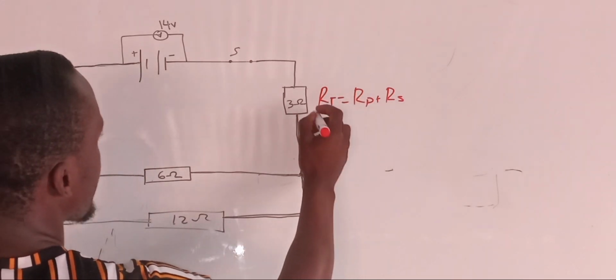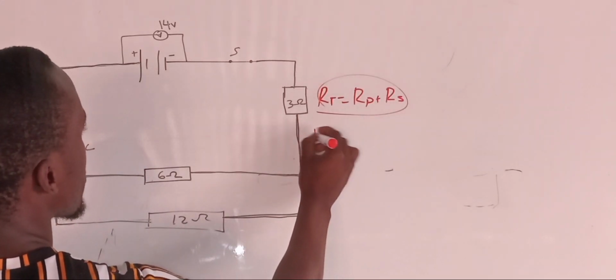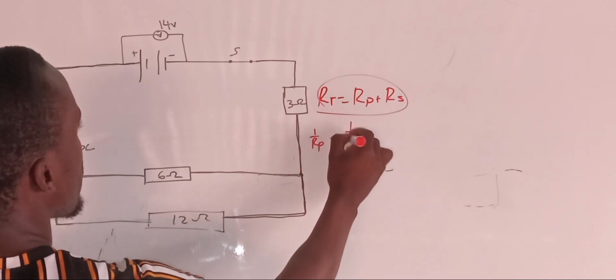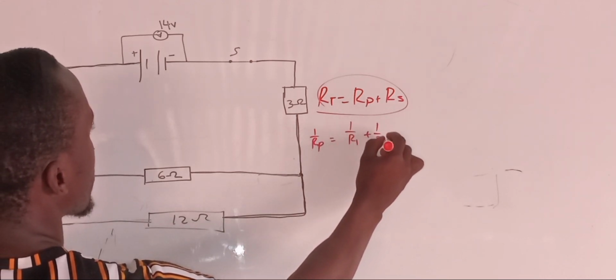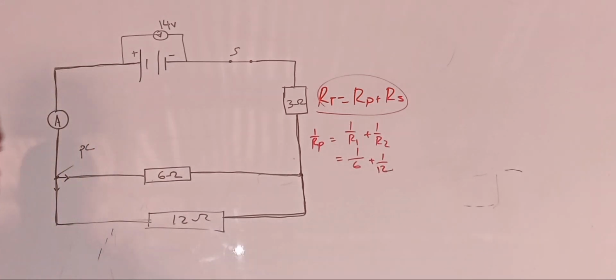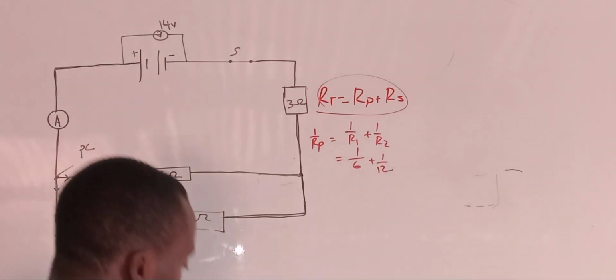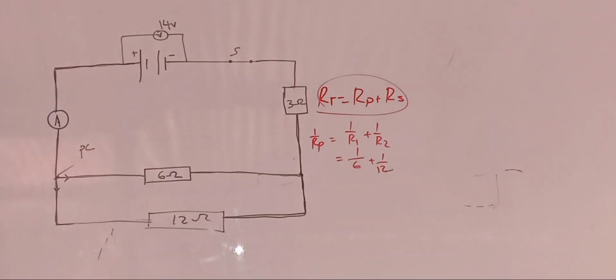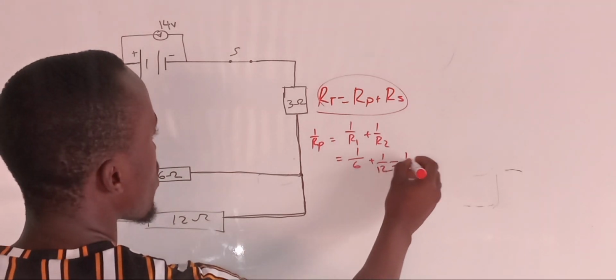Before using that formula, I will write 1 over Rp equals 1 over R1 plus 1 over R2, which is 1 over 6 plus 1 over 12. Then you punch that in your calculator. It will be 1 over 4.